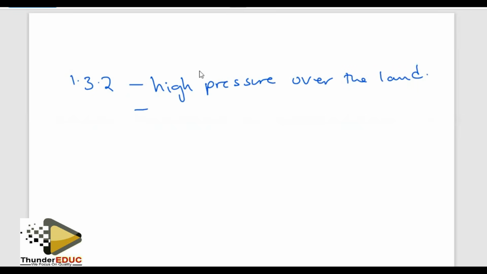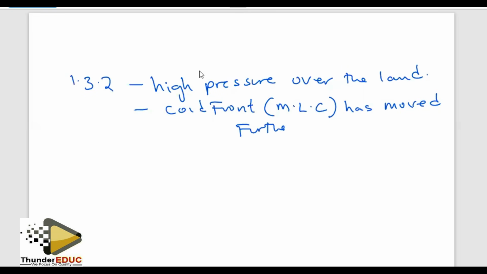Second, we said the cold front or mid-latitude cyclone has moved further northwards over the land.